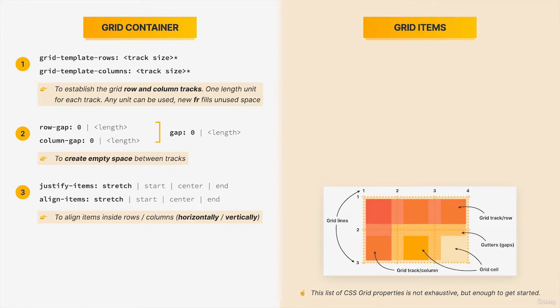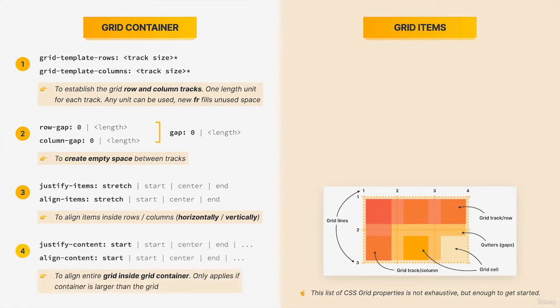But anyway, there are also two less important properties on the grid container, which are justify content and align content. So these only apply if the container is actually larger than the grid. And so these are usually not that important. And by the way, actually this overview of the CSS grid properties does not contain all of them.